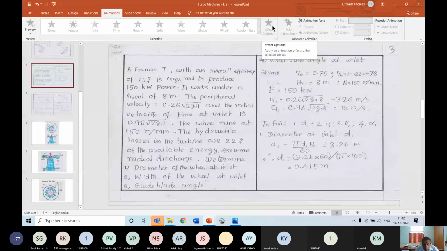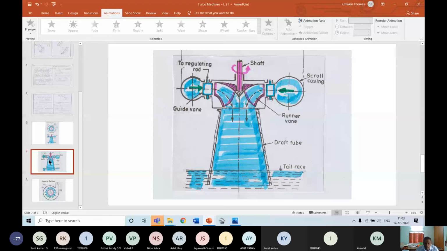Now coming back to the Kaplan turbine, the basic arrangement is similar to this Francis turbine. You will have a volute casing, you will have some guide vanes, but the runner will be kept a little lower, and it will be in the axial portion.